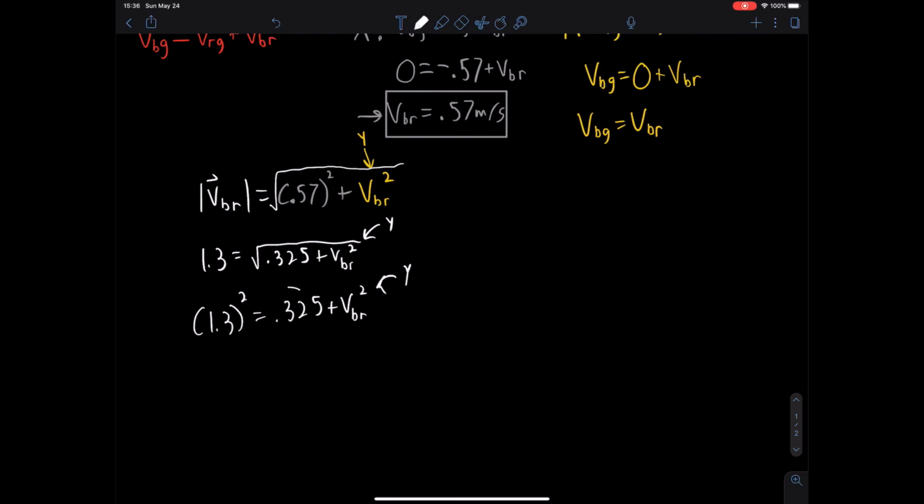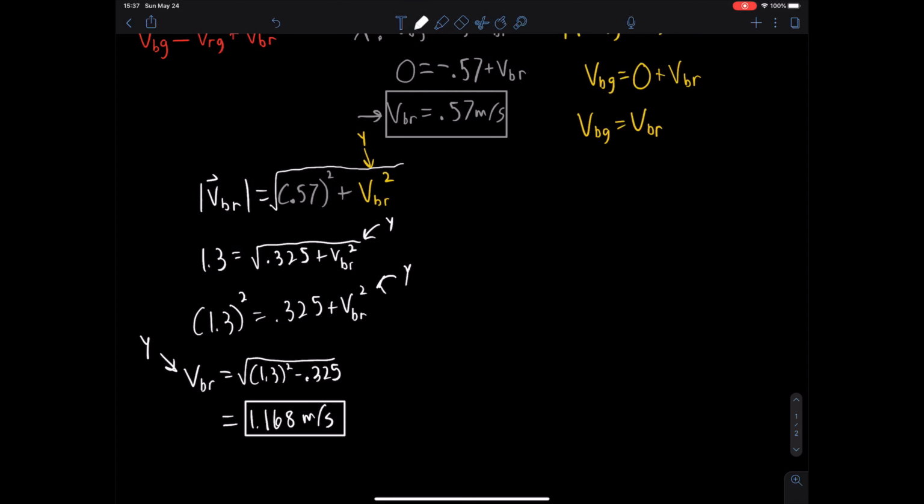And so if I subtract this piece over and then take the square root, I get the velocity of the boat relative to the water in the y direction is the square root of 1.3 squared minus 0.325. And if we type all of that into a calculator, we get about 1.168 meters per second. So that's our magnitude.